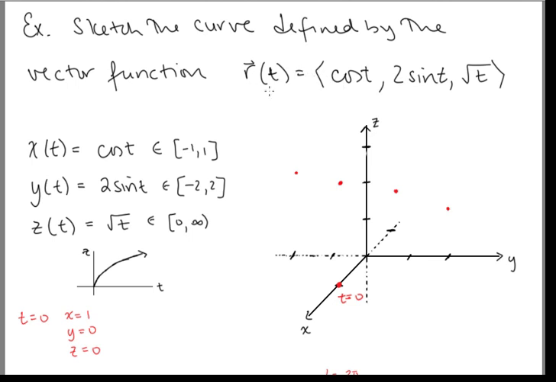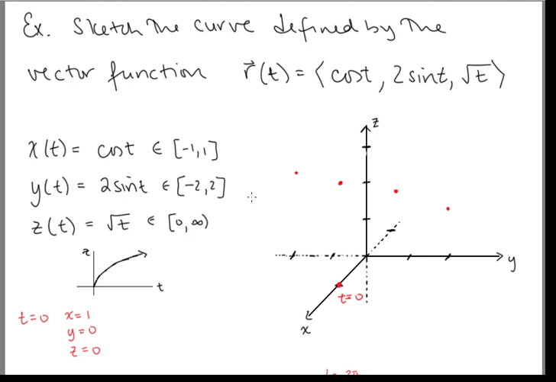So x(t) equals cosine t, y(t) equals 2 sine t, and z(t) equals radical t. For every t value we get a point in space, and r(t) is the vector that goes from the origin to that point.